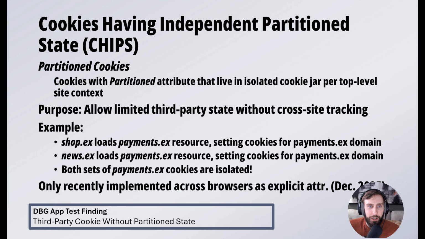This is called CHIPS: Cookies Having Independent Partitioned State. This introduces a new attribute that I haven't mentioned yet that you can apply to cookies in HTTP responses. Cookies with the Partitioned attribute will live in isolated cookie jars that are scoped per top-level site context. The purpose of that is to allow limited third-party state without cross-site tracking.